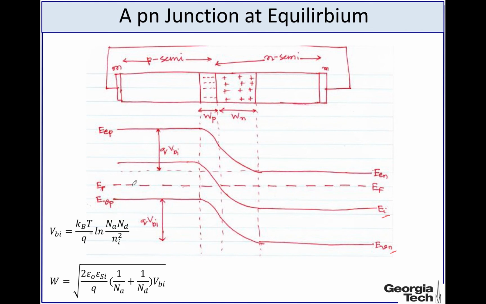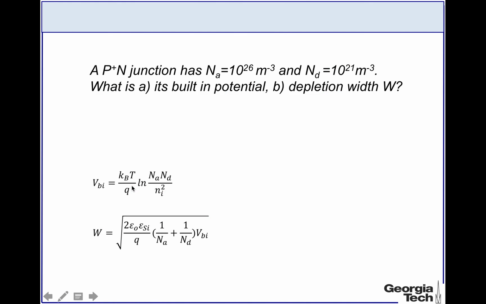All right. So now a quick quantitative calculation. We were given the values of the doping on the p side and the n side. What you are asked to calculate is the built-in potential and the depletion width, and these are the equations for the built-in potential and the depletion width.